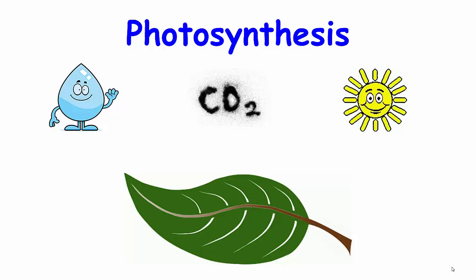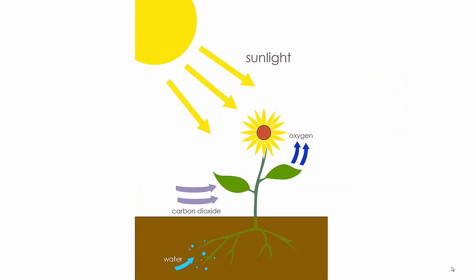Now, in previous lessons, you may have been presented with a more simplistic idea of what occurs during photosynthesis. In this diagram, we see sunlight, carbon dioxide, and water. These are all being absorbed into the plant where photosynthesis is taking place and oxygen is produced as a byproduct.